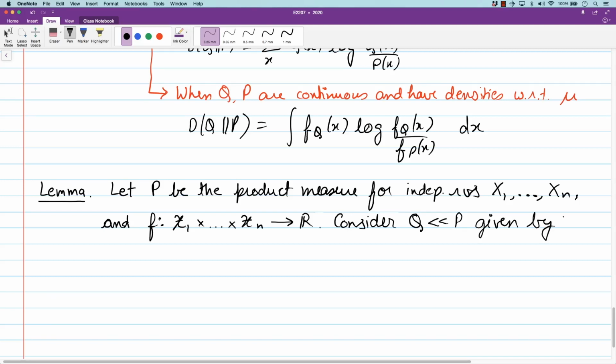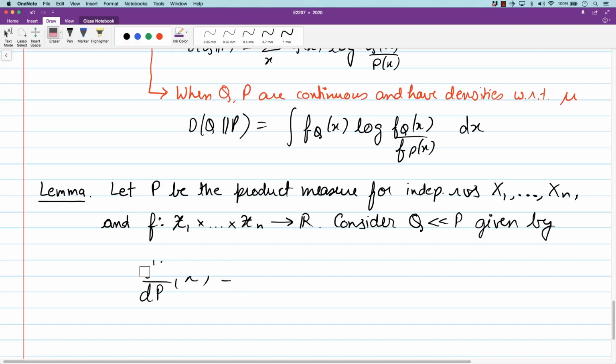To define this measure Q, what we will do is just define the density of Q with respect to P. You can always do that. I'll just use this notation x for the vector x. So this is a function of x. What's the density for this x?